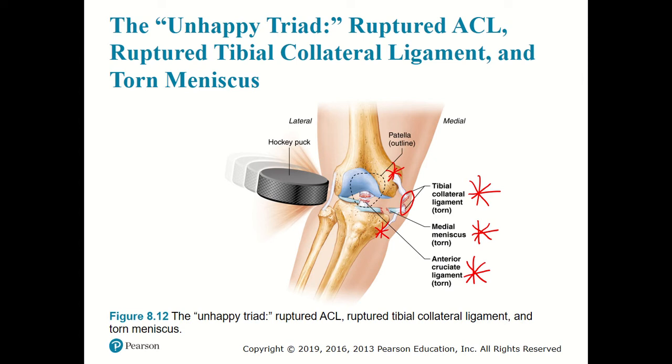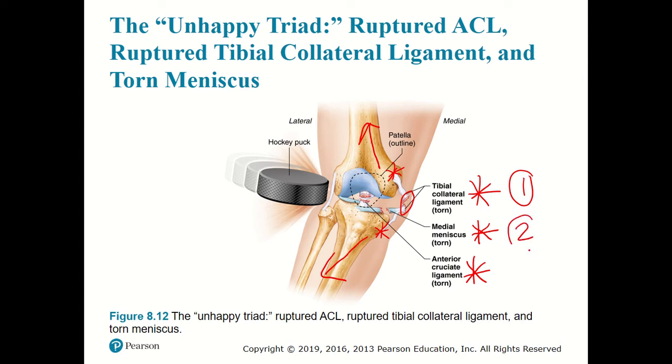And then we see the pulling, if you will. If you notice the force getting applied this way and this way, causing this collateral ligament to stretch so much that it exceeds the force that holds it together and causes a tear, right? So that's one part of the unhappy triad, right?